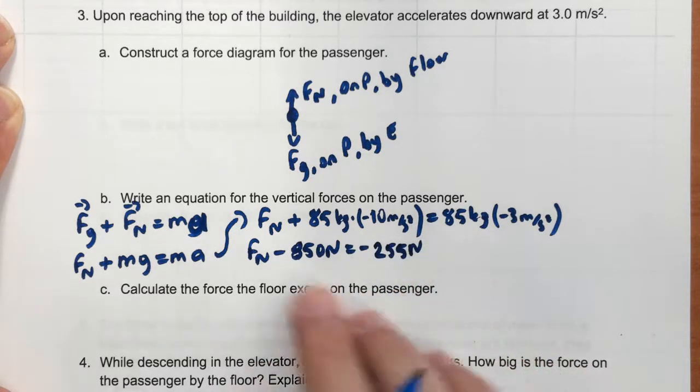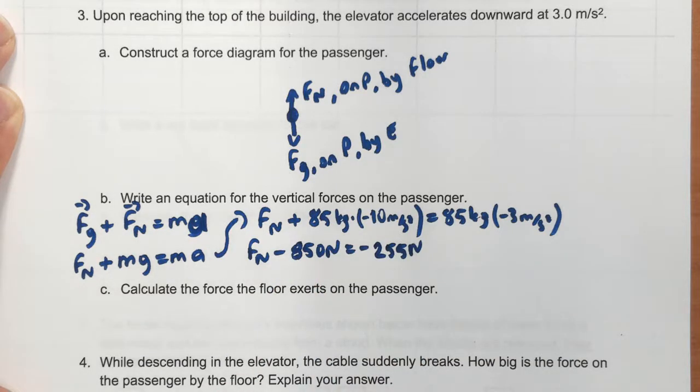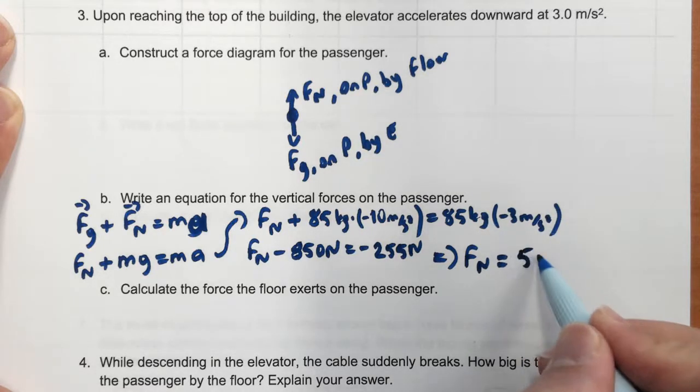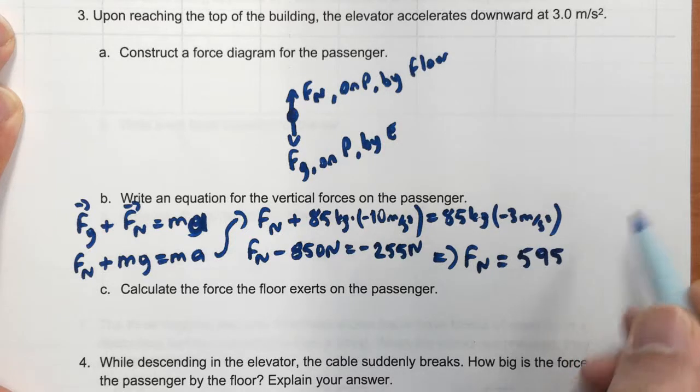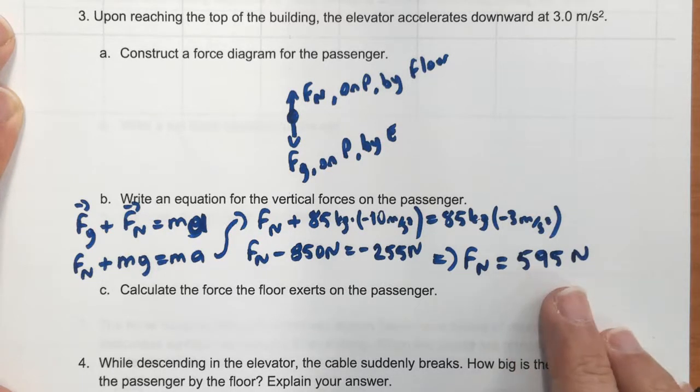Okay, so when you add positive 850 to both sides, then you will get normal force equals 850 minus 255, which will be 595 Newton. So upward is going to be 595.